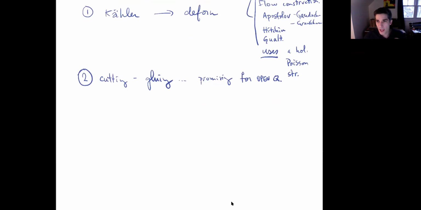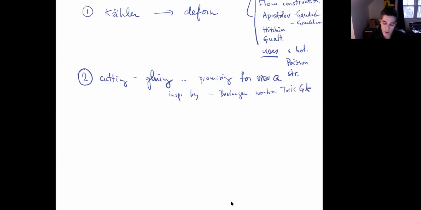There's a generalization of that which can be very useful, so this is inspired by, for example, Vesti's former student Boulanger, his work on toric GK.